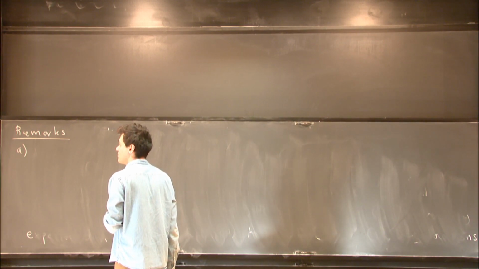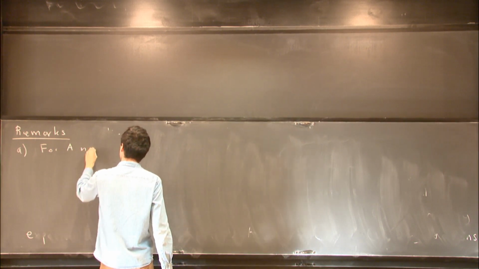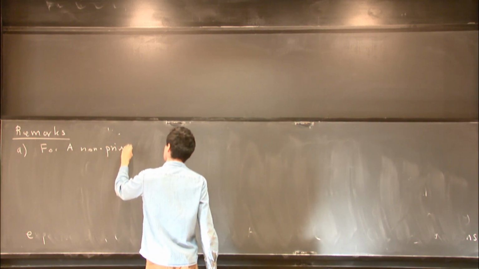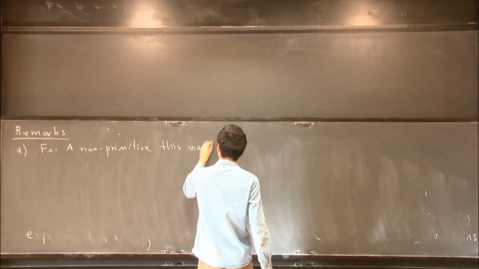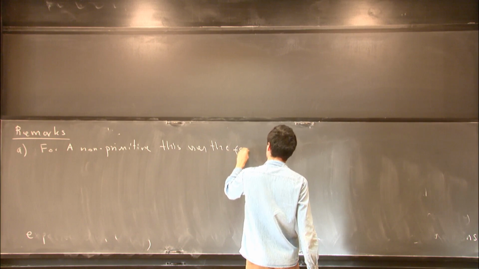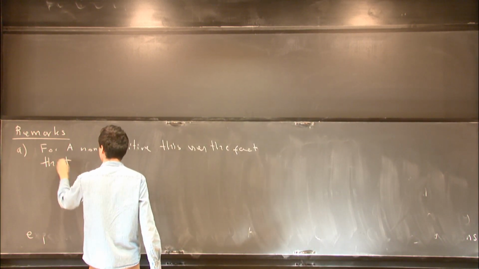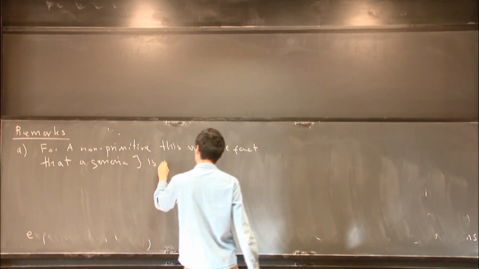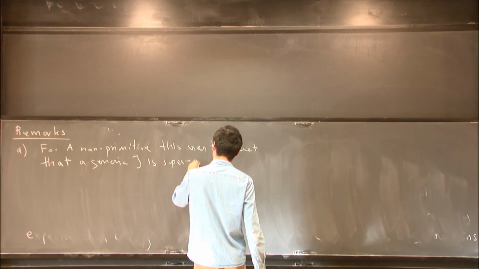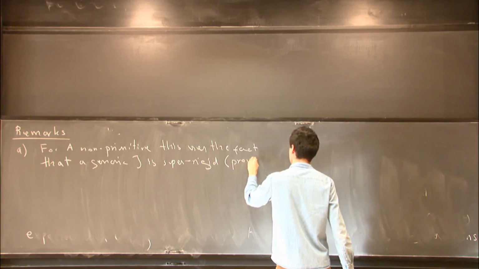For a non-primitive class, the proof uses the fact that the generic J is so-called superrigid, which was recently proved by Chris Wendl.